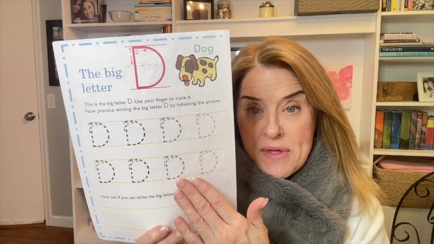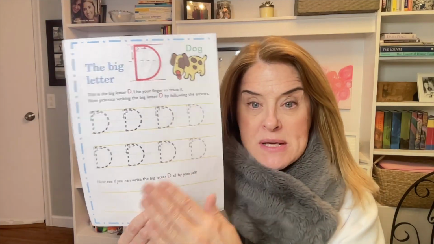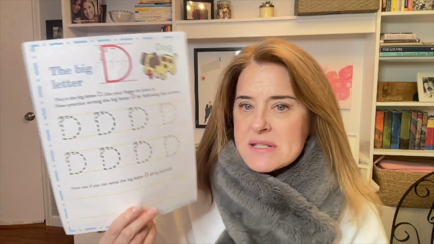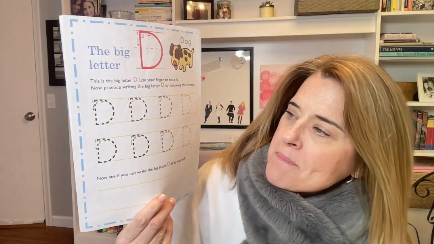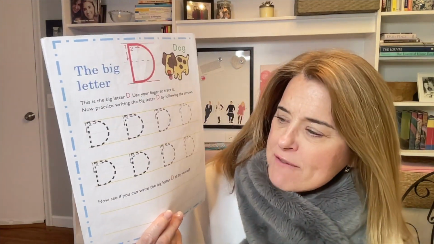But when I do these, in my alphabet units, I've made my own, because I can't steal the stuff I got from Lakeshore, because that would be stealing. But I have my same like tracing and pictures and whatever.